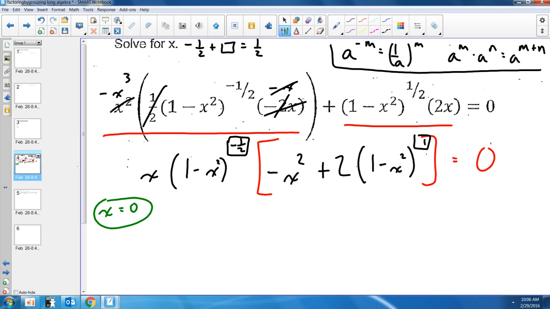I then go to the second one, which is this one. 1 minus x squared to the negative 1/2 is equal to 0. That looks messy. I could say 1 over 1 minus x squared to the positive 1/2 is equal to 0.